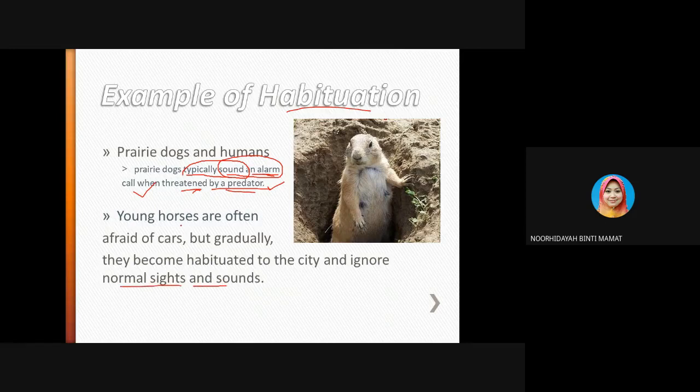The normal behavior of young horses is to be afraid of cars, but after repetitive experience they become habituated to the city, with its cars, and ignore the normal sights and sounds. They eliminate the behavior of being afraid of or running from cars because nothing bad happens to them.